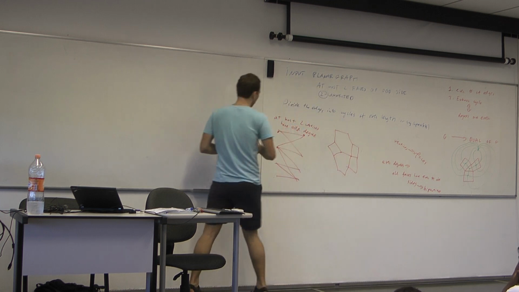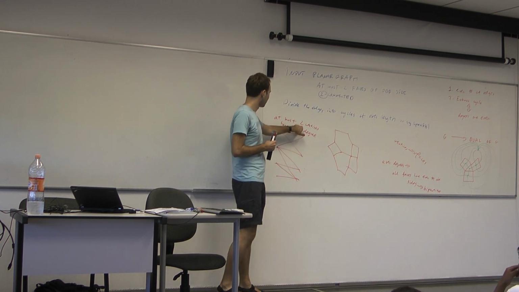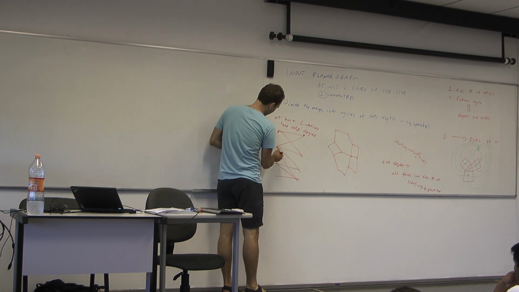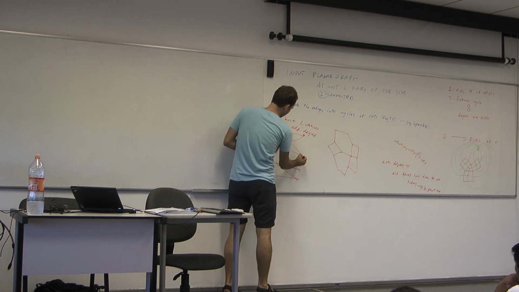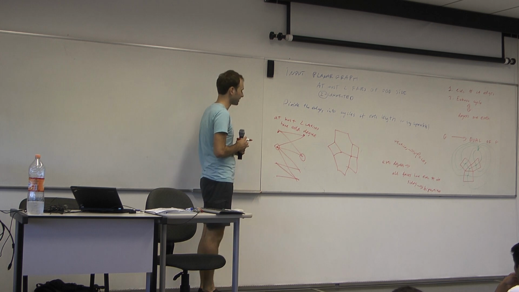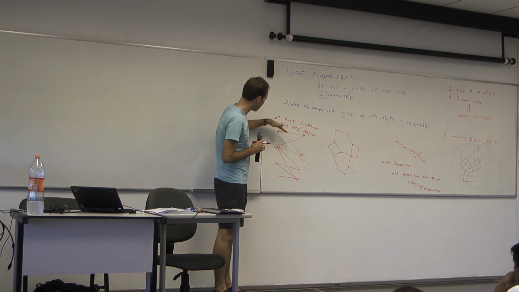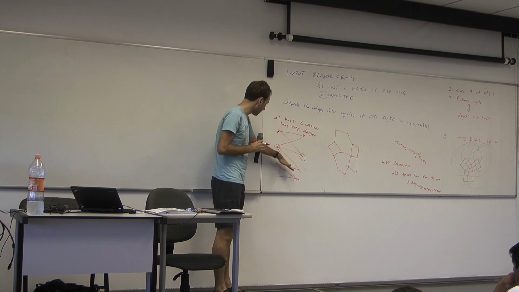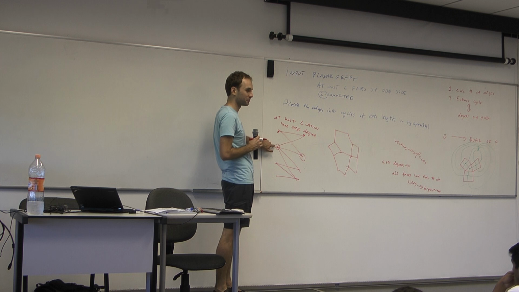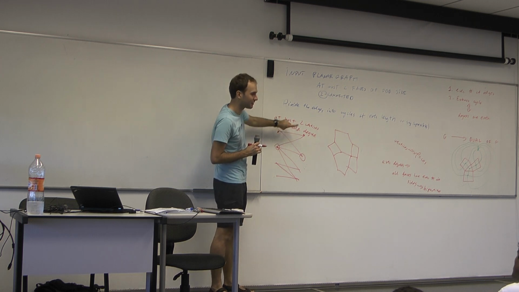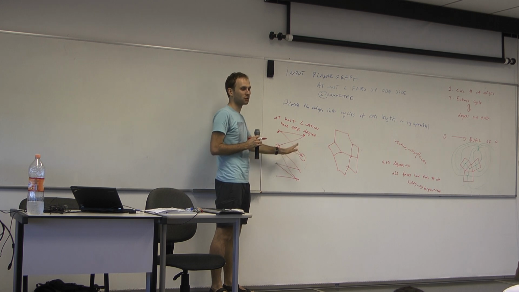Okay, so where can those two odd vertices be? Well, say they're on opposite sides. What does that mean? That means that from this side, we have some even number of edges going from here, even number of edges going from here, even number of edges going from here, and an odd number of edges going from here. So now observe that if we count edges going from the left side, we can count all the edges, right?